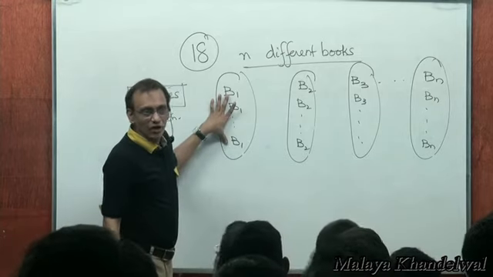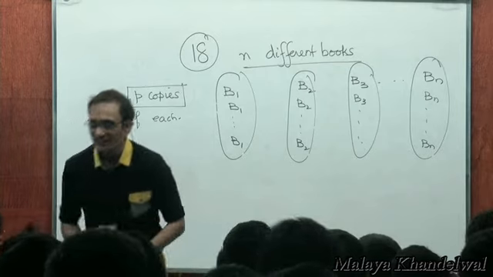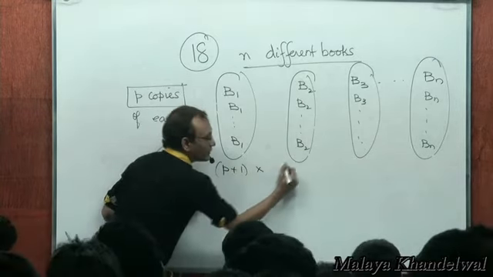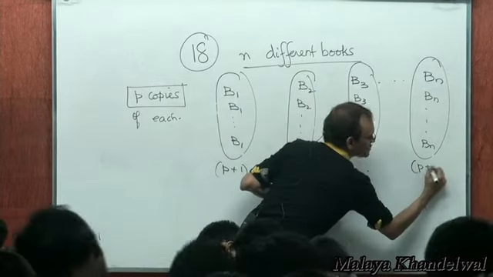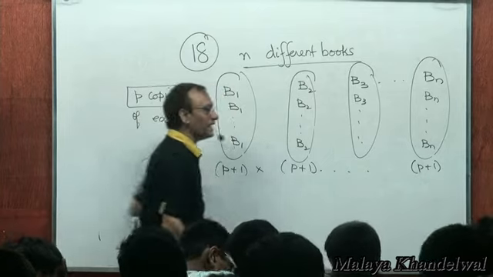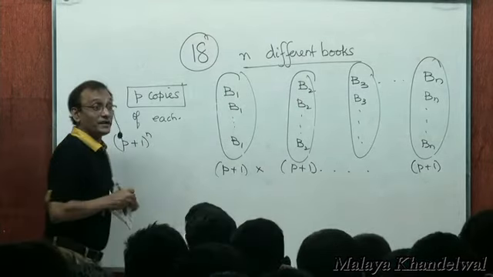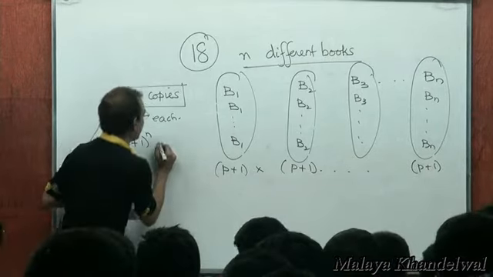That's P ways of dealing with it, or none. So P plus 1 ways of dealing with B1, and P plus 1 ways of dealing with B2, and P plus 1 ways of dealing with Bn. So that makes it P plus 1 to the power n. And this includes that one case in which no book is selected. So exclude that case.